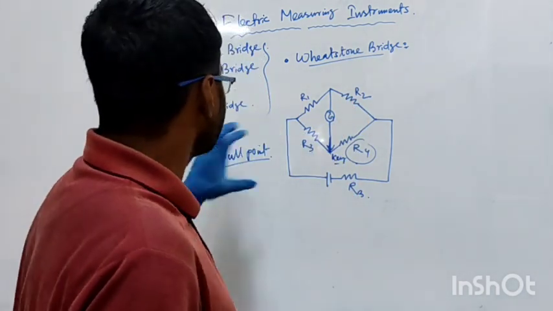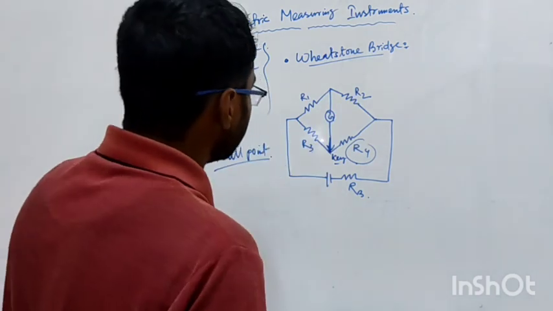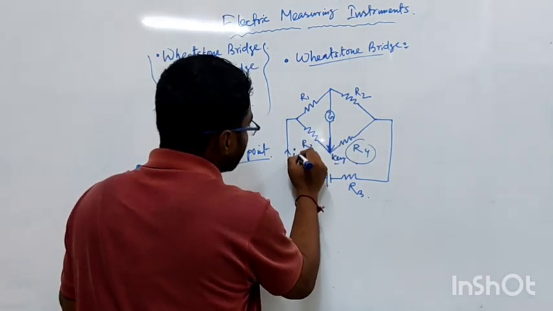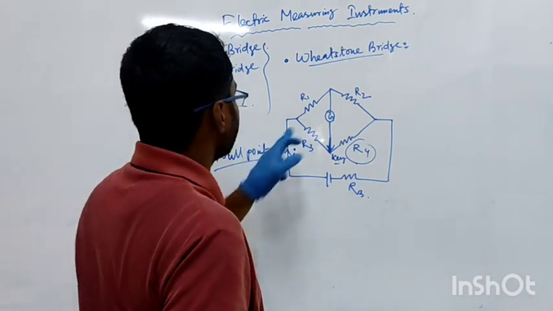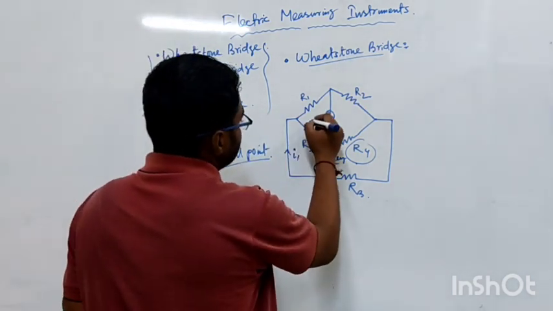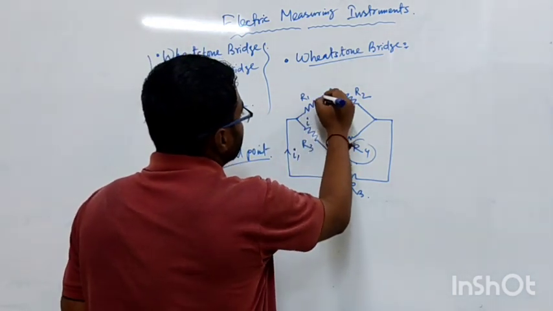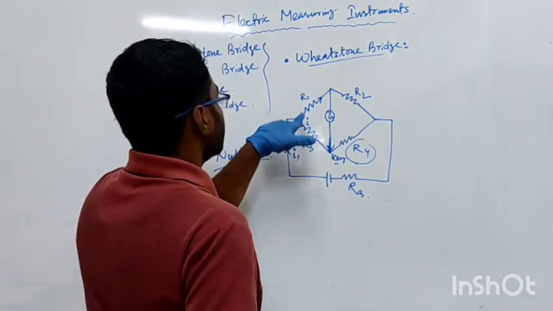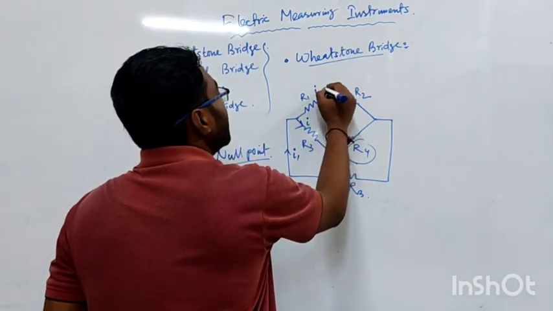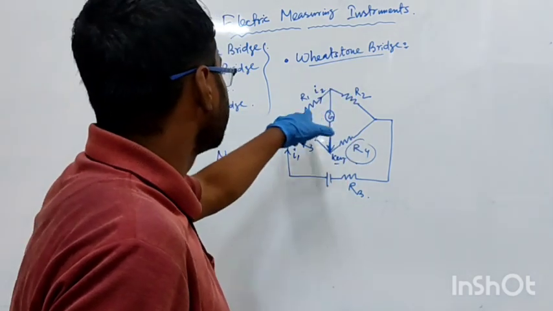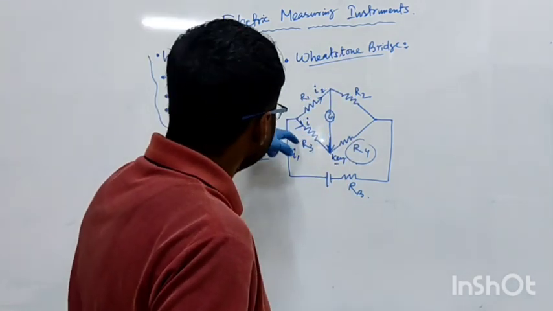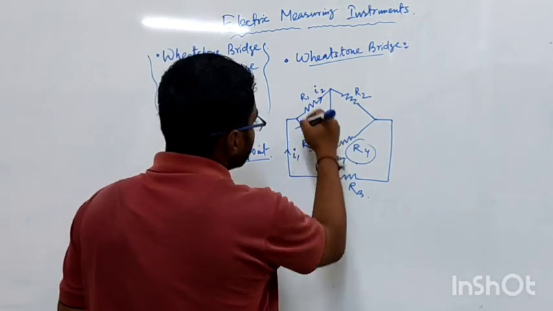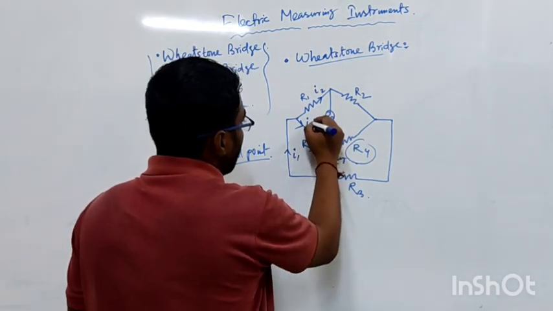To establish this condition, we divide the current through the circuit. Let us assume the total current I1 flows through this path, and at that point the current divides into two paths. Let the current through R1 be I2, and the current through R3 be I1 minus I2.